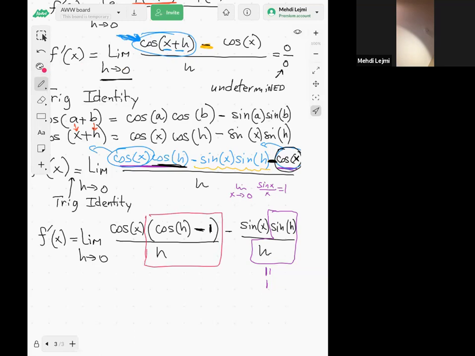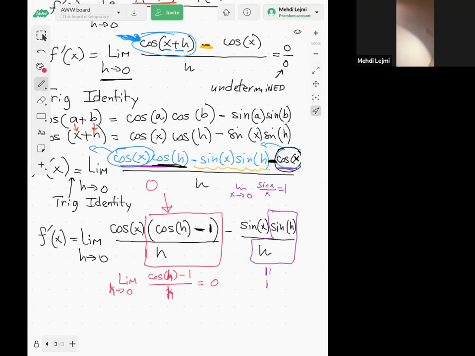We proved that the limit as x goes to 0 of cosine of x minus 1 over x is 0. Of course, instead of x, I can use h if I want. So this cosine of h minus 1 over h, limit when h goes to 0, is actually 0.